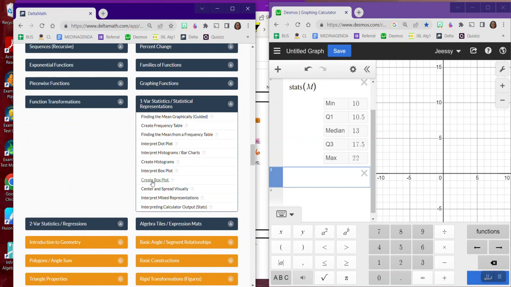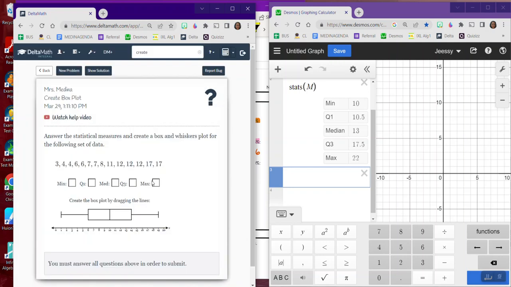Did you find them? All right, when it says create a box plot, you're going to get your numbers, watch and learn. I'm only going to demonstrate this once in the video. Starting at the 3, you're going to grab and then make sure you stop at 17. Control C for copying.